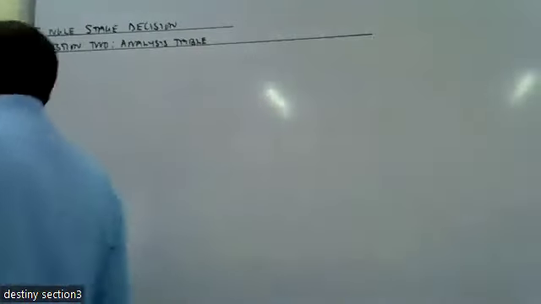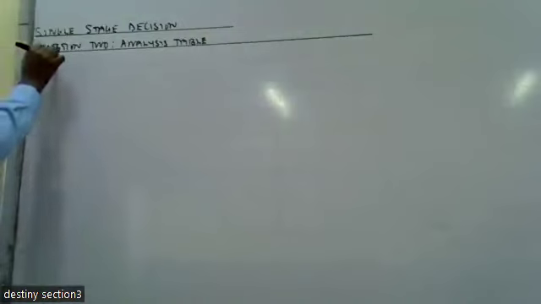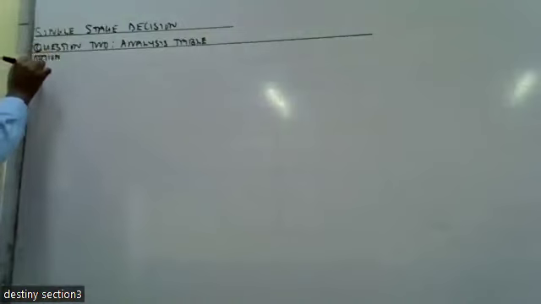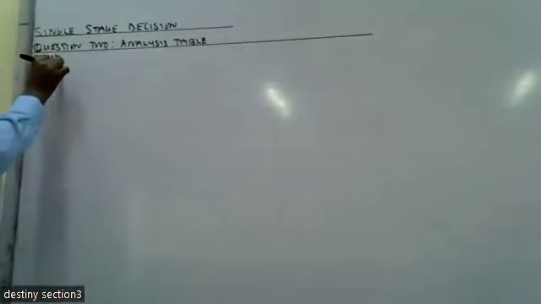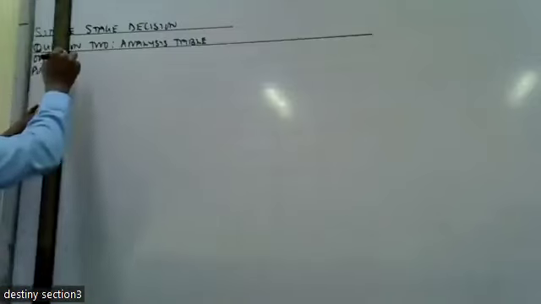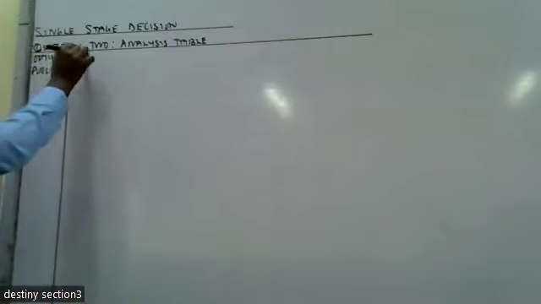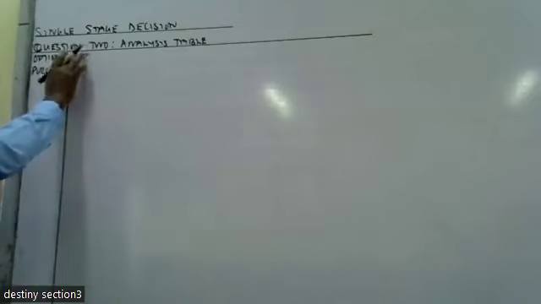So this table is arranged like this. Here you say we have the options, and the option is what we are calling purchase. Then we have demand, not demand first.